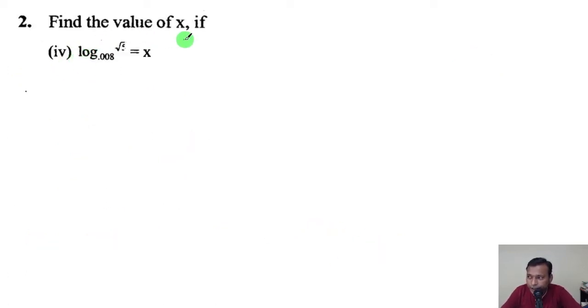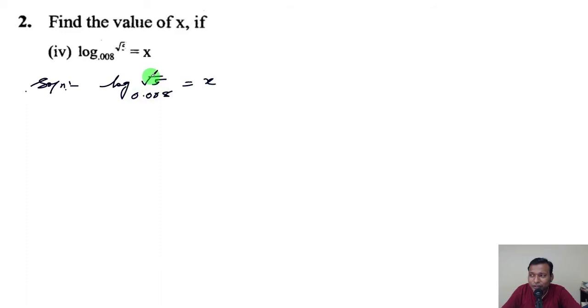Here we have to find the value of x if log root 5 to the base 0.008 equal to x. This is an irrational number and this is a decimal number, or we can say real number.